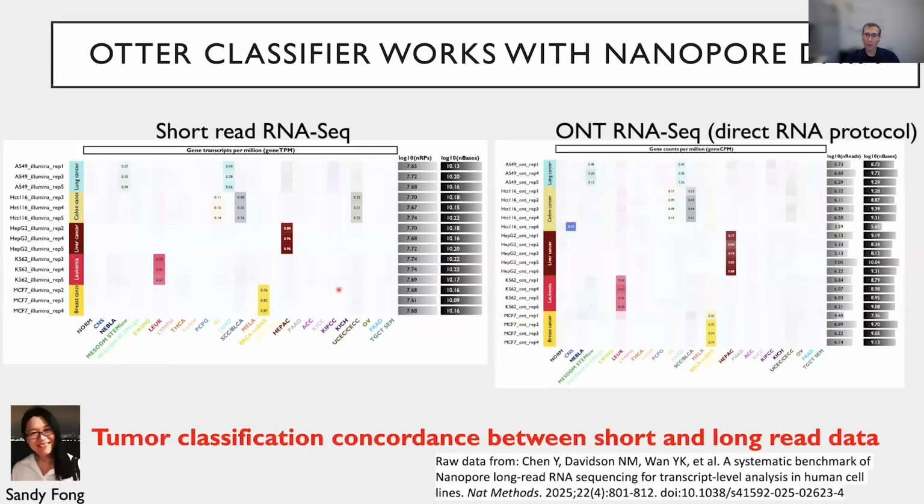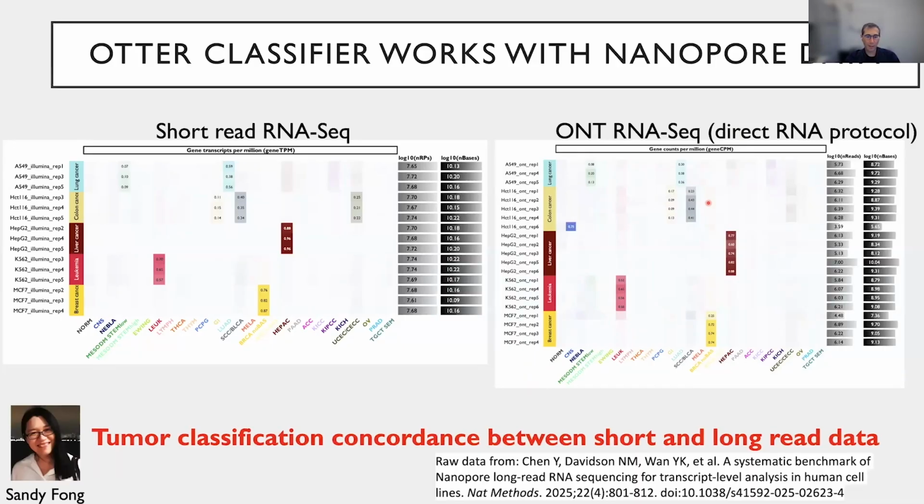And then when you do the same thing with ONT RNA-seq, in this case using data from this publication, this was direct RNA sequencing, you see that things match the same. And in fact, in some cell lines where there's a second match to a different place, perhaps because of contamination, we see the exact same thing in both the short read and the long read.